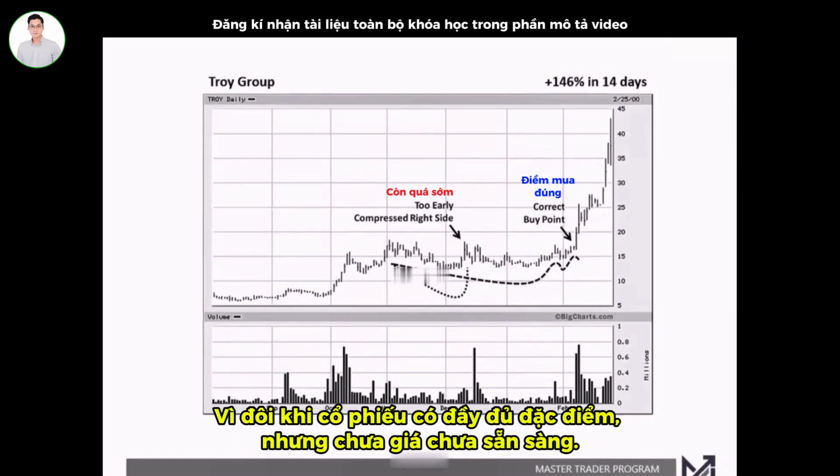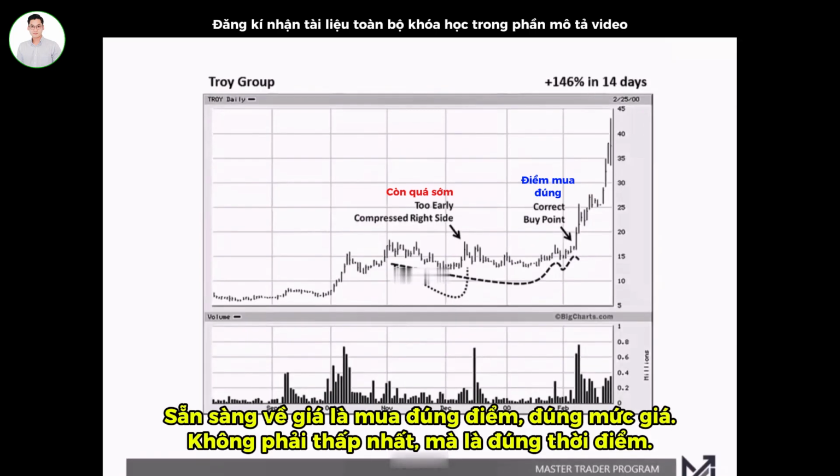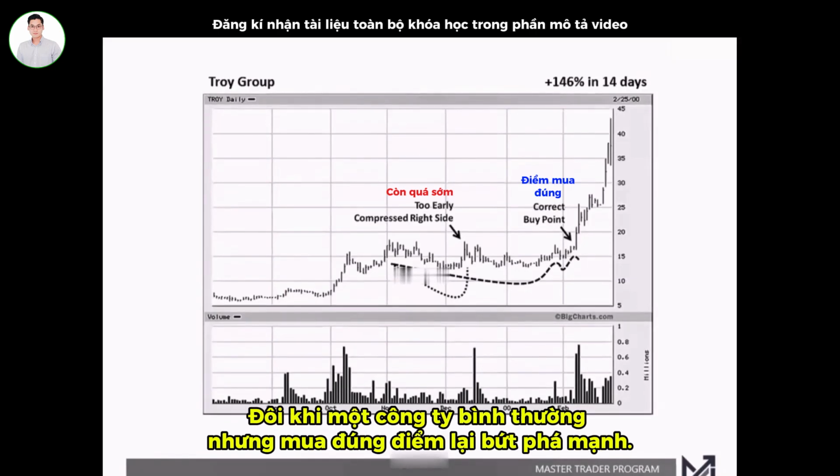And this is something that I call stock right, not price ready. You can have a stock that's the right stock, but it's not price ready. Price ready is when you're going to buy it at that point where, like I said, the right price, not the lowest price. You want the right price. You want the right stock, but sometimes it's better to have a stock that's not a great company, that's price ready.